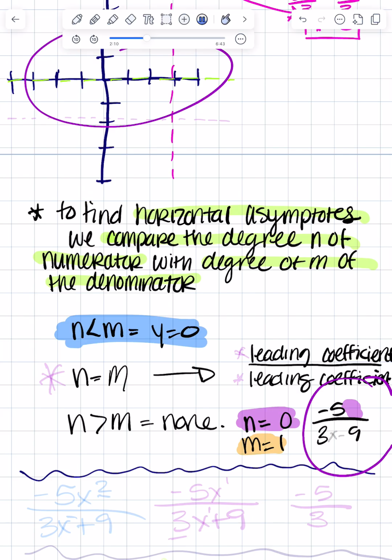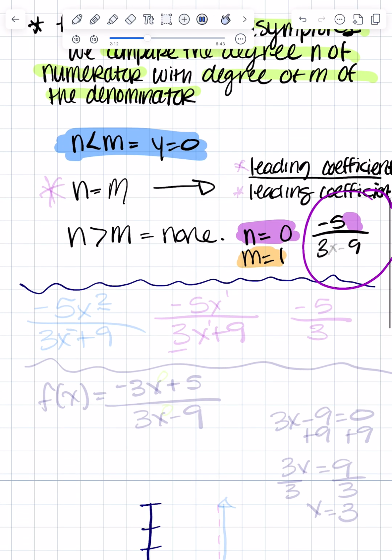But let's erase this for now. Let's go into the other rules, for example. So if we had negative 5x over 3x plus 9, we then could use this rule right here, because we would have 5x to the first power, 3x to the first power. They're both to the first degree.